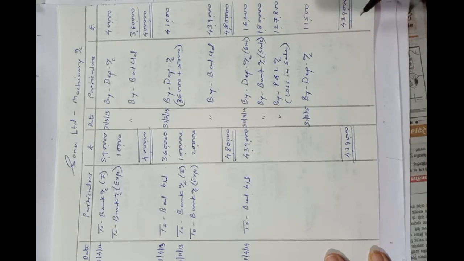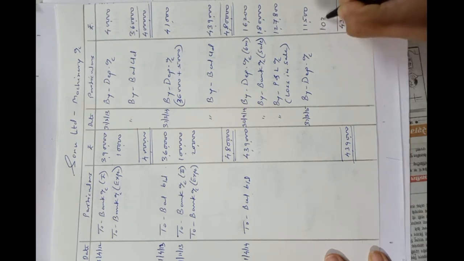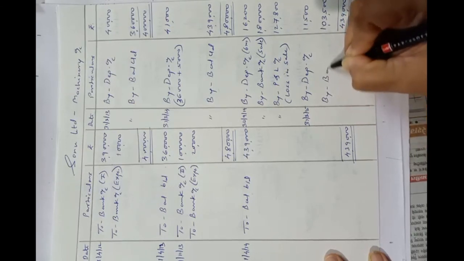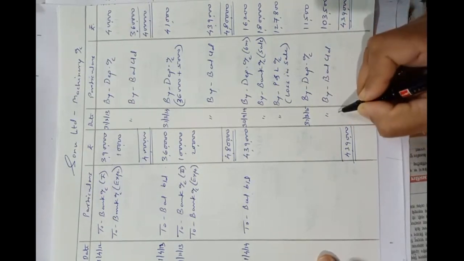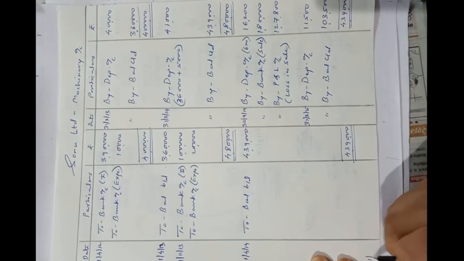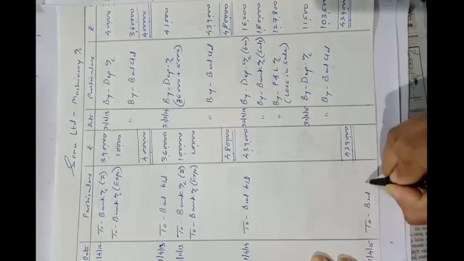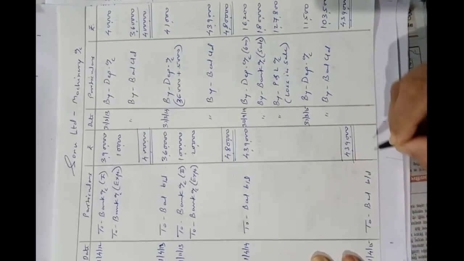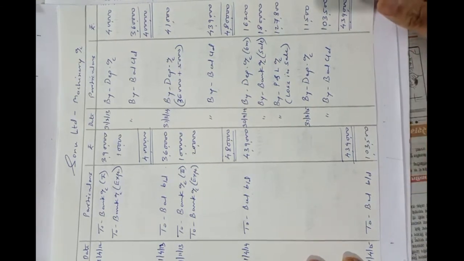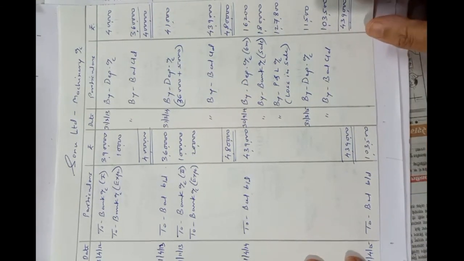So credit total, when we deduct from 4,39,000, the balance is 1,03,500. So by balance carried down on 31st March 2015, 1,03,500, which will be brought down on 1st April 2015, to balance brought down 1,03,500. Okay, just like our working.